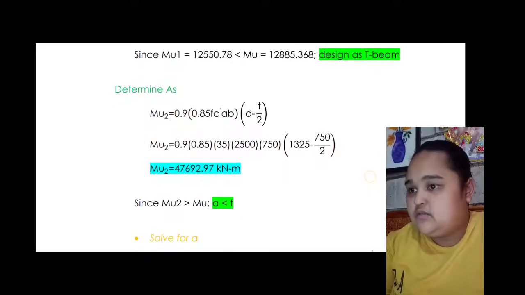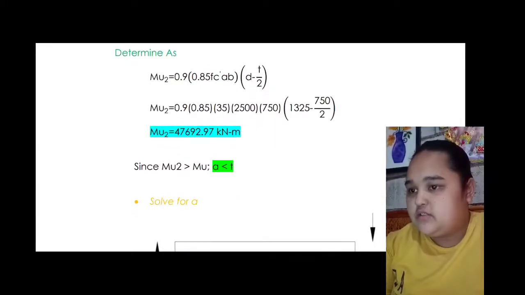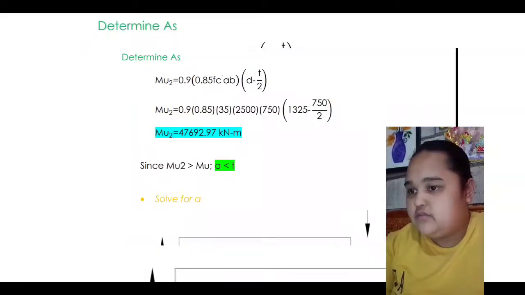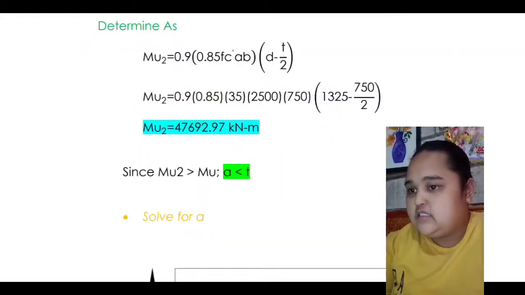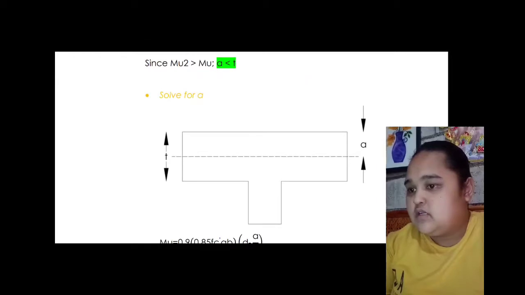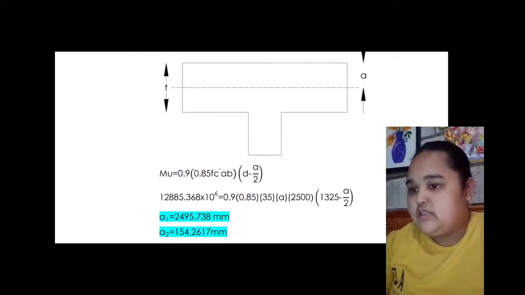MU2 is equal to 47692.97 kilonewton meter. Since MU2 is greater than MU, A is less than T. Then we solve for A. Substituting the value of MU, we can get the value of A.